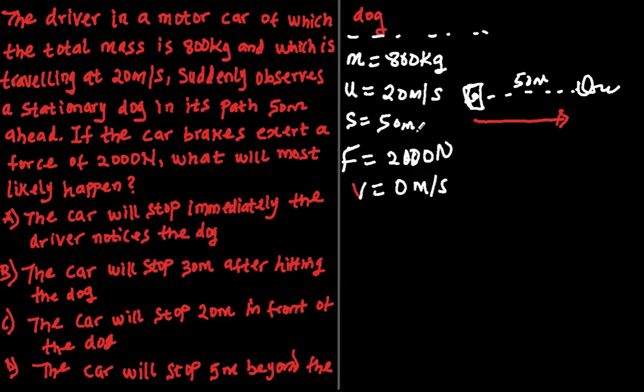But before we do that, we have to find the deceleration, because when you apply brake, it means that the car is decelerating. So we say F equals to F_E, because that is what is supplying the deceleration. Deceleration and acceleration are the same thing. The only difference is that deceleration is a negative acceleration. So a is going to equal F over m. So that's going to equal 2000 over 800.